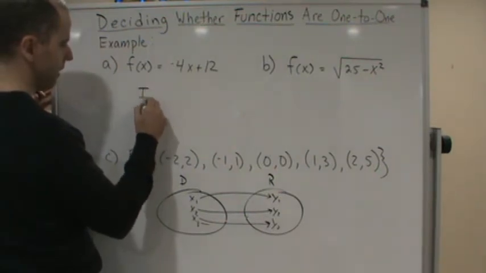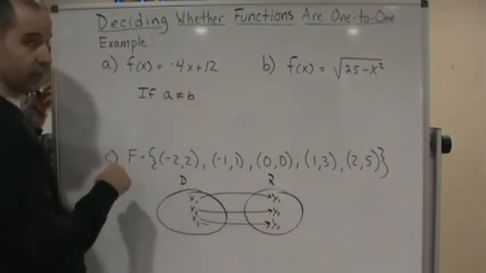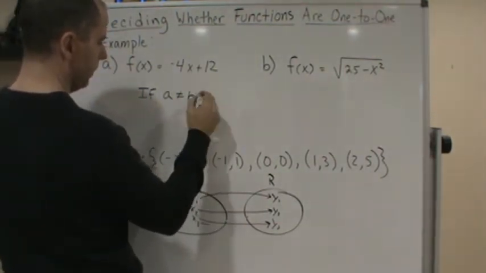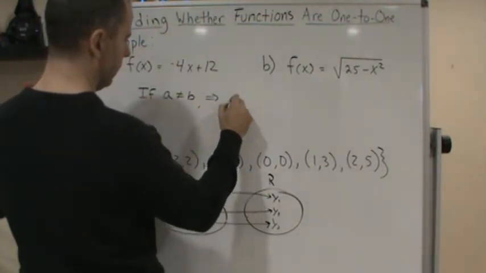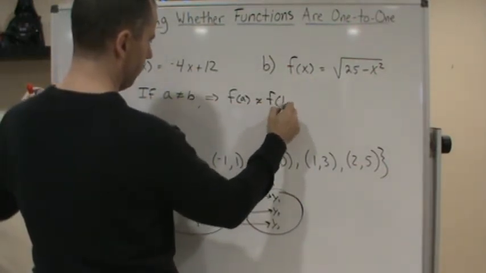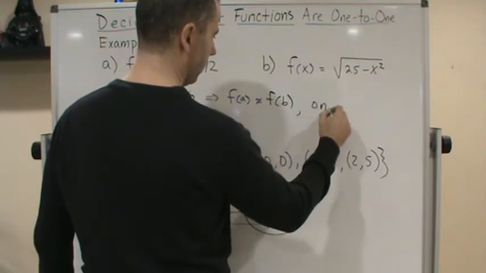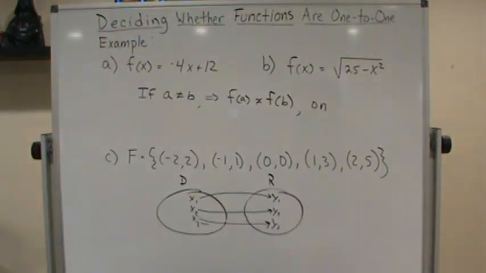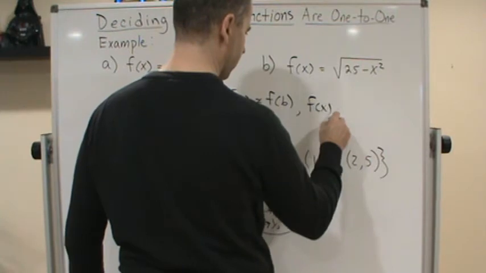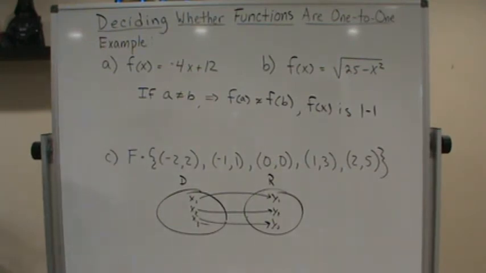The definition says if we take two values in the domain, a not equal to b, and this implies that f of a is not equal to f of b, then f is one-to-one.